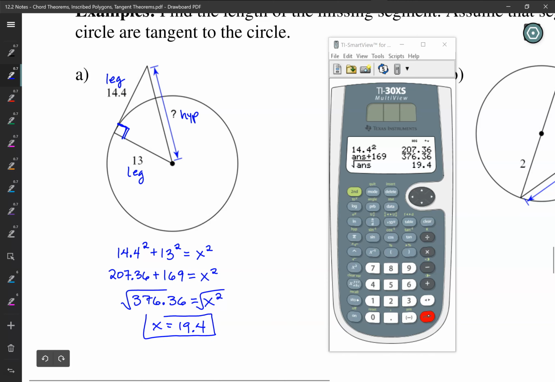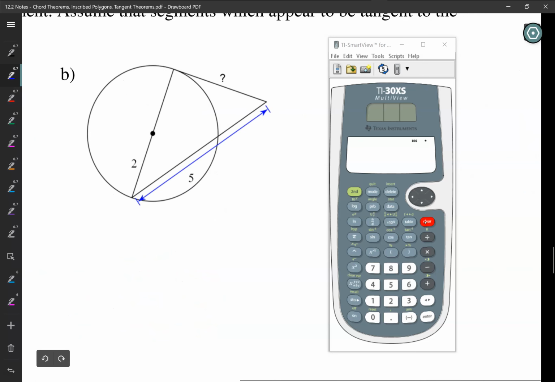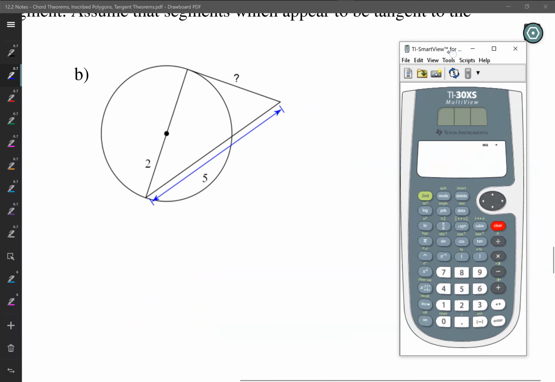So all you're doing on these problems is using the Pythagorean theorem. But there may be a couple twists that you need to think about. For instance, I have what appears to be a tangent segment out here. The question mark looks like it's a tangent segment. If I continued that on, that would look like a tangent. And here is a radius, so that would be a right angle right there. But I know the hypotenuse is 5, but this 2 is only the length from here to here.